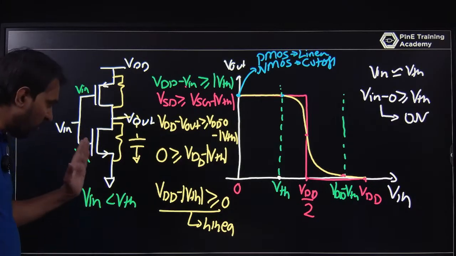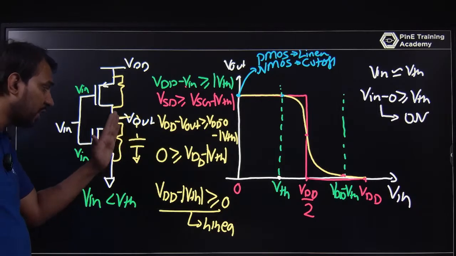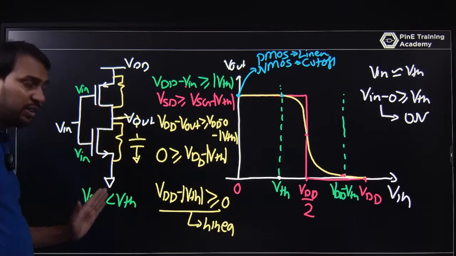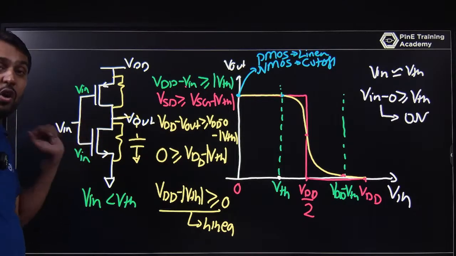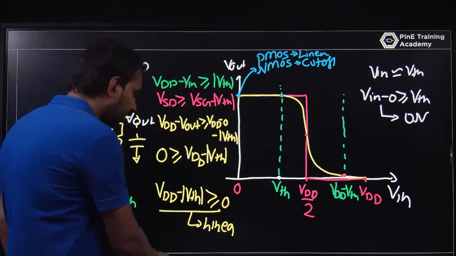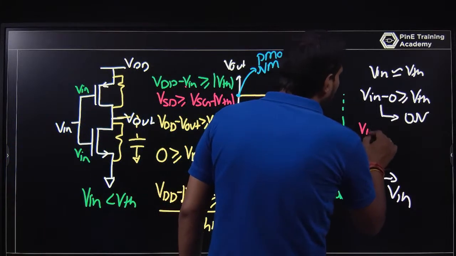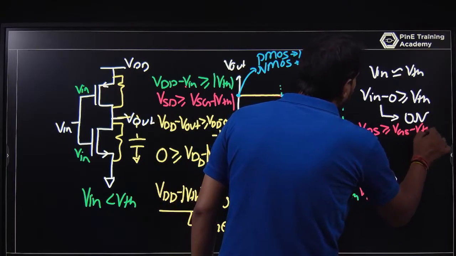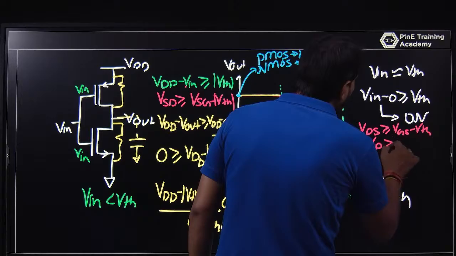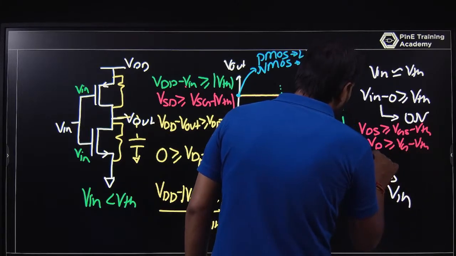When the input voltage is greater than VTH, the capacitor voltage Vout, which is VDD, is trying to discharge. First check, if it is on, what will be the current? The condition is VDS greater than or equal to VGS minus VTH, or VD greater than or equal to VG minus VTH. The drain voltage is your VDD.